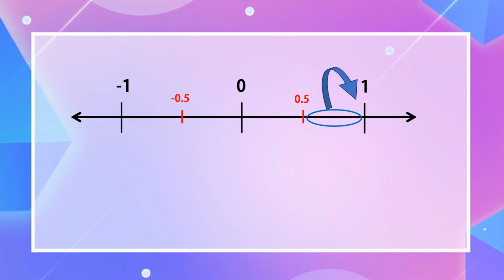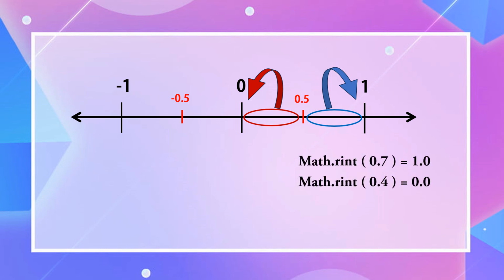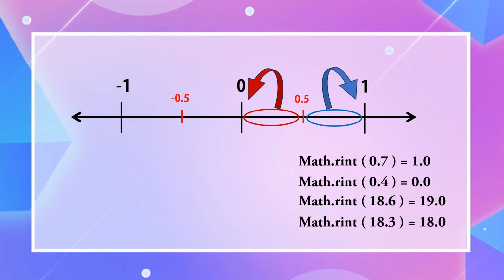Now from 0.1 to 0.4, it is rounded off to the previous value, and that is 0. So 0.7 will become 1, 0.4 will go back and become 0.0, 18.6 will be taken up to 19.0, and 18.3 will be rounded down to 18.0.